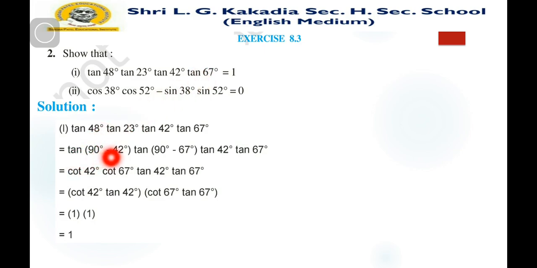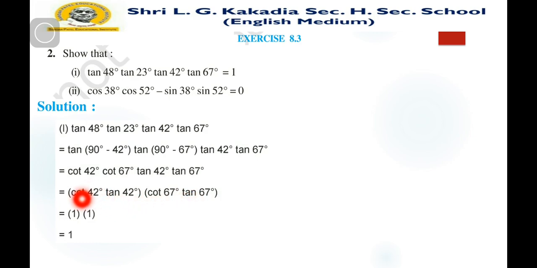So tan 48 is cot of 90 minus 48, which is cot 42, and tan 23 is cot of 90 minus 23, which is cot 67. So we have cot 42 into tan 42, and cot 67 into tan 67.